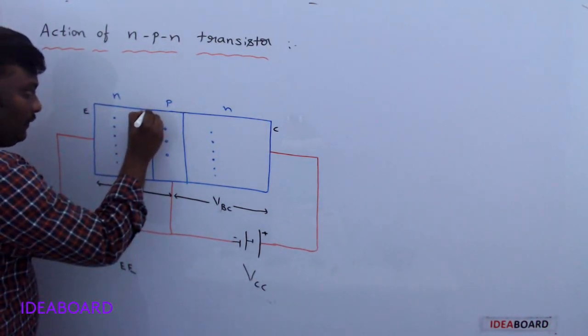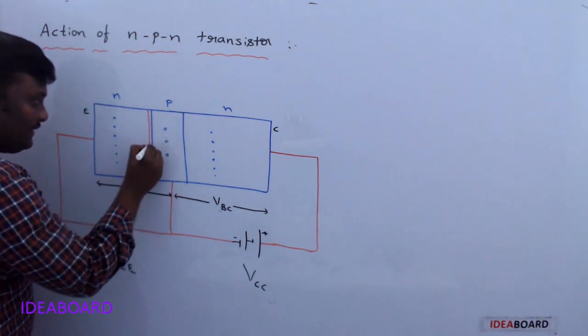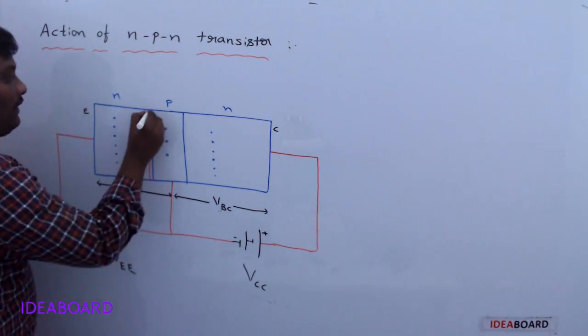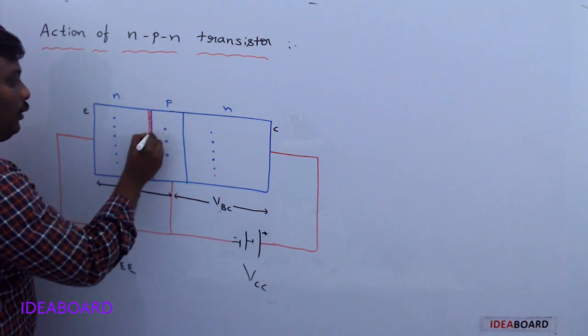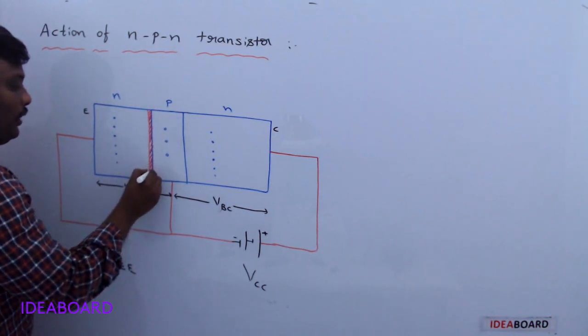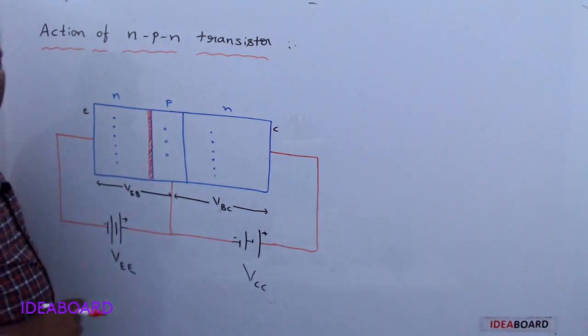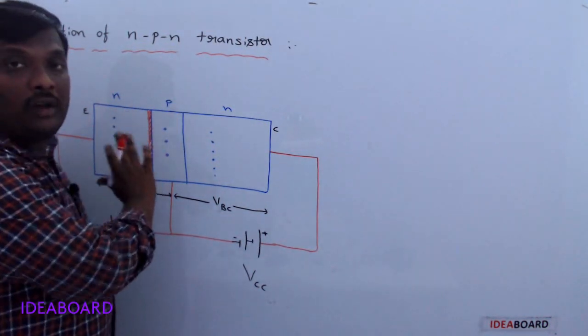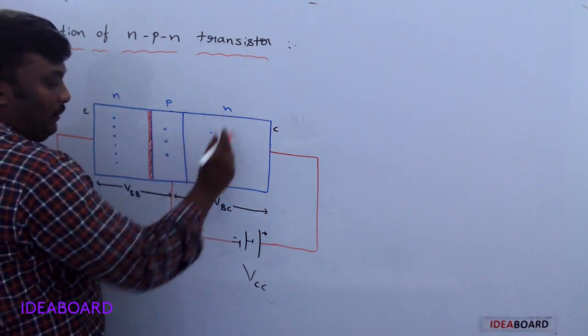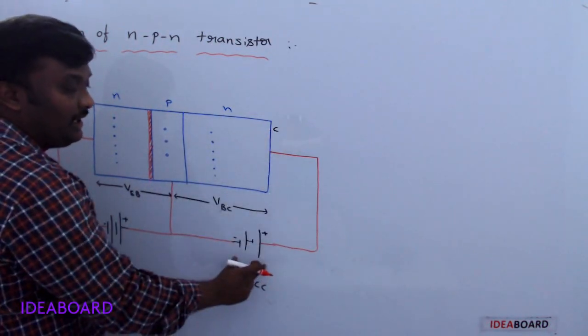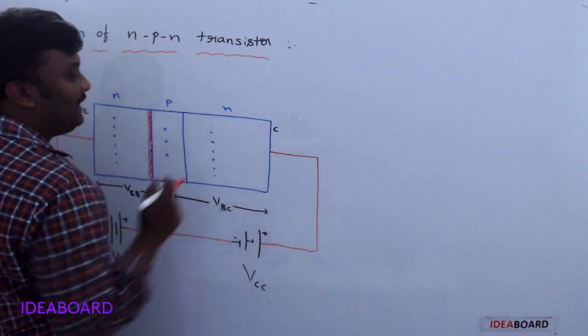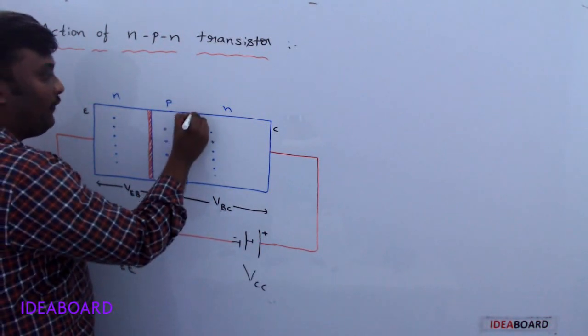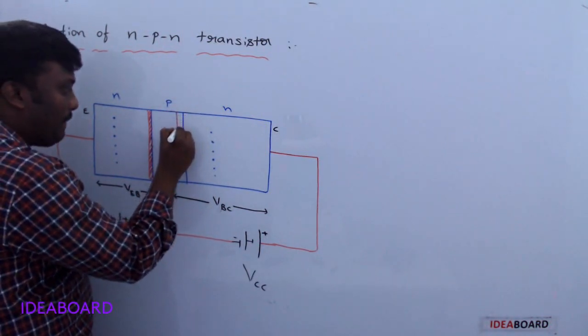Now, since the emitter is in forward bias, the thickness of the depletion layer is very small. So it always offers low resistance or low impedance. Since the emitter is in forward bias, it offers low impedance. But the collector is in reverse bias, so whenever the collector is in reverse bias, it offers high impedance.